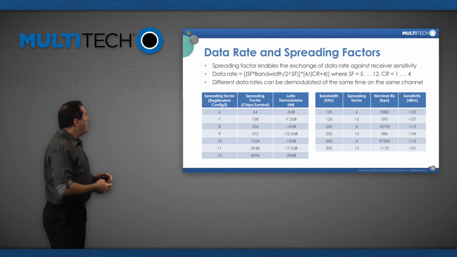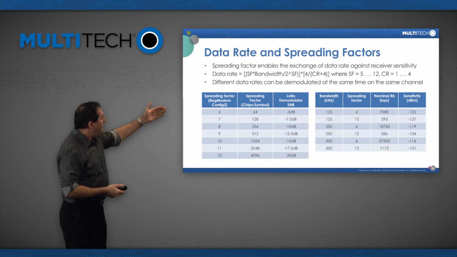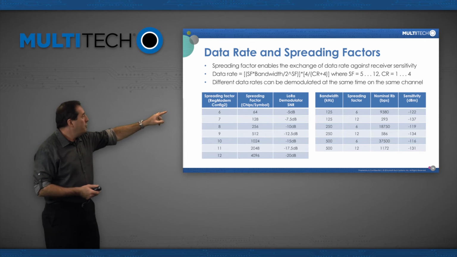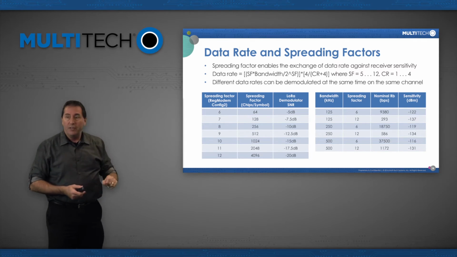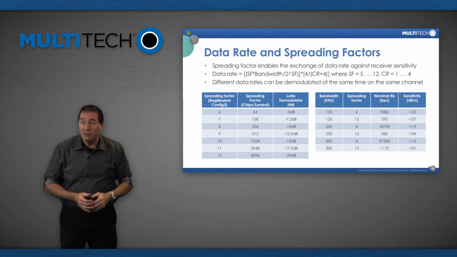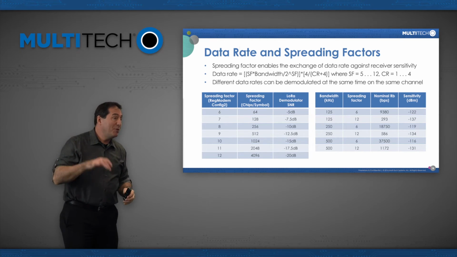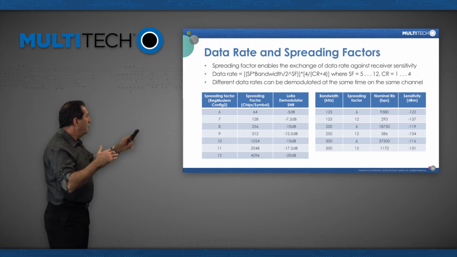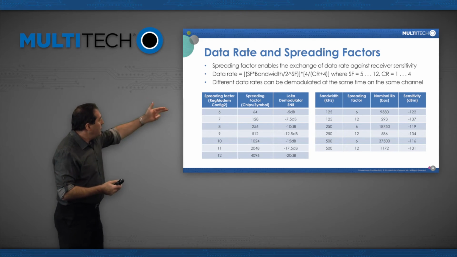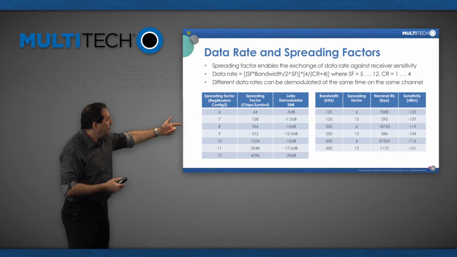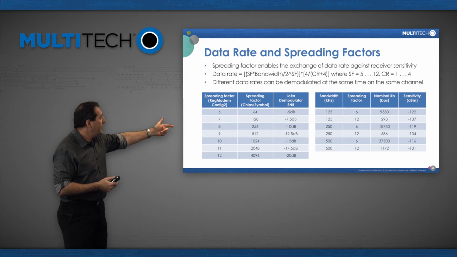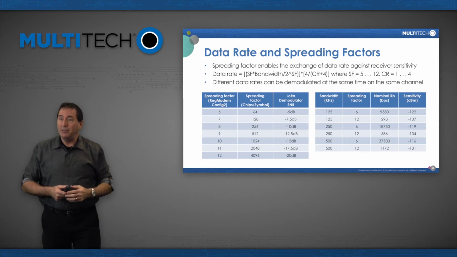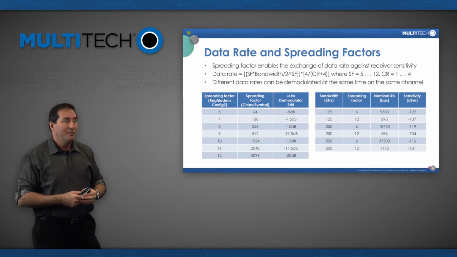Or at the other end, the next one down, same bandwidth, but a spreading factor of 12, now you're down to under 300 bits per second, which is about the same as Sigfox. So you can see the effect of the spreading factor. And then if you look at the same thing at the bottom using the 500 kilohertz channel, you're going to see that 9 kilobits per second goes up to about 37 kilobits per second.